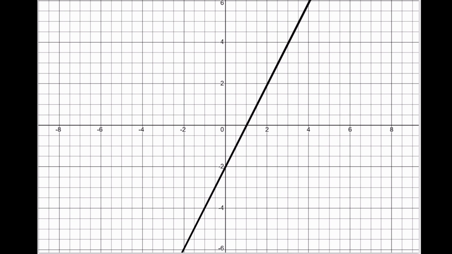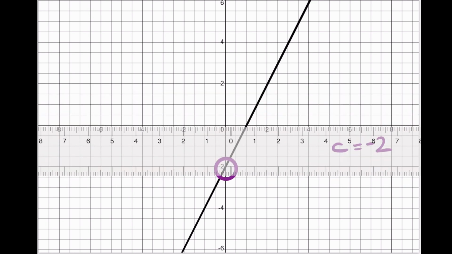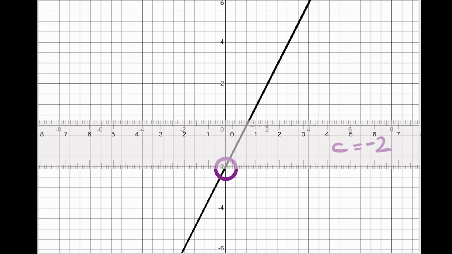Let's have a go at a second one of these. Again, first things first, we want to find where we're crossing that y-axis. So our c value, remember, is going to be -2. And now let's make a gradient. Again, we're going to find nice easy places to draw in a right-angled triangle. I'm going to do a much smaller one here.